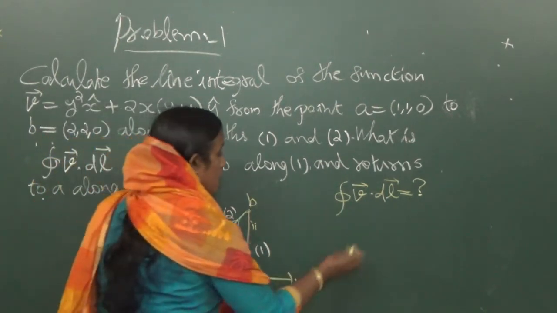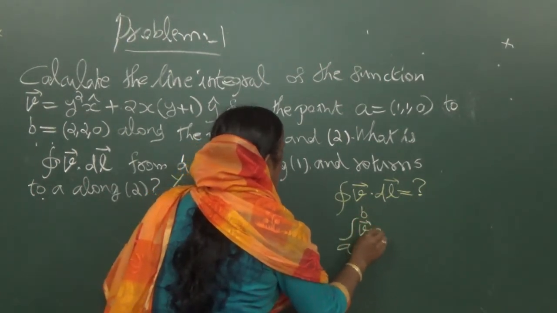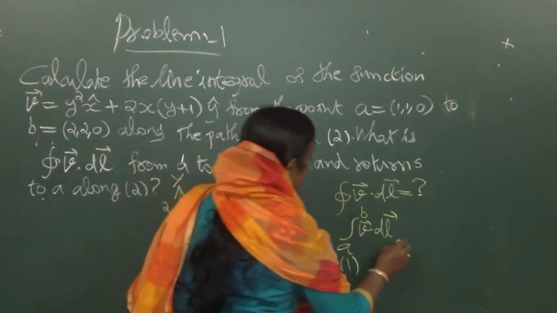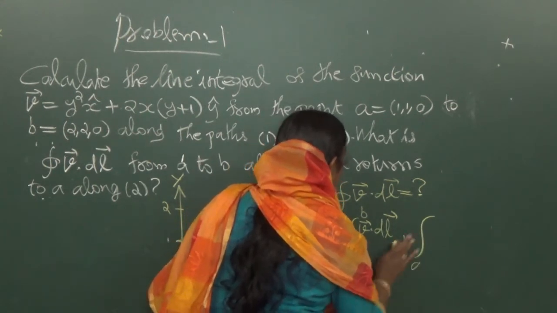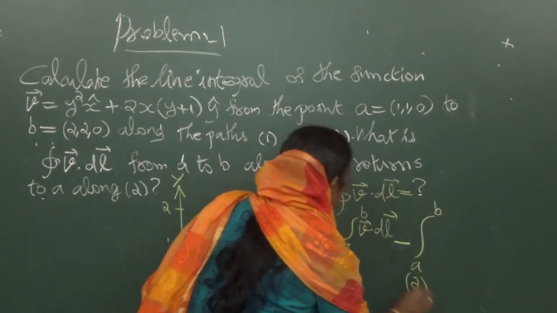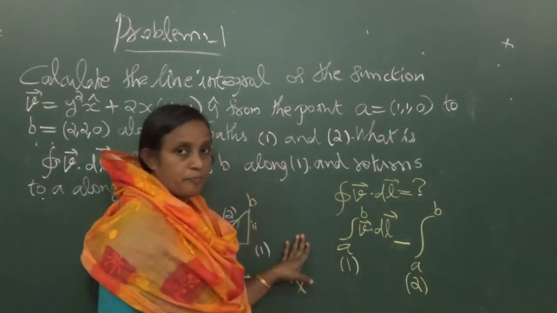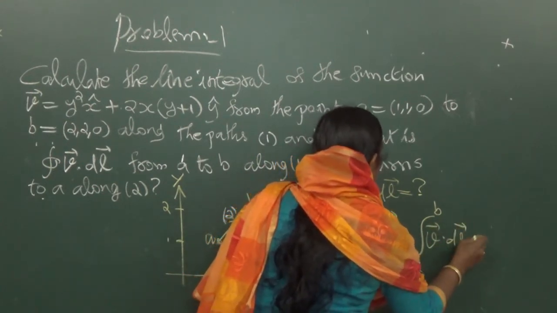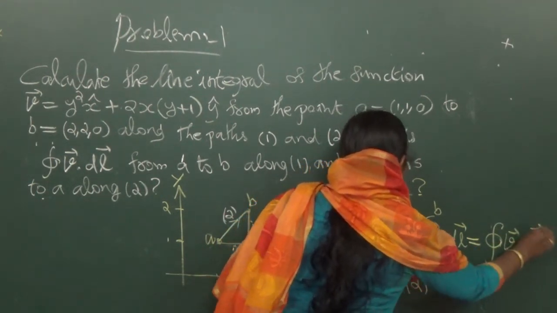So here we have to find the integral A to B v dot dl along path 1, and this time minus integral A to B along path 2, because I showed here A to B, you need B to A. So I put a minus sign. Integral A to B along path 2 of vector v dot dl. This is equal to the closed loop v dot dl.